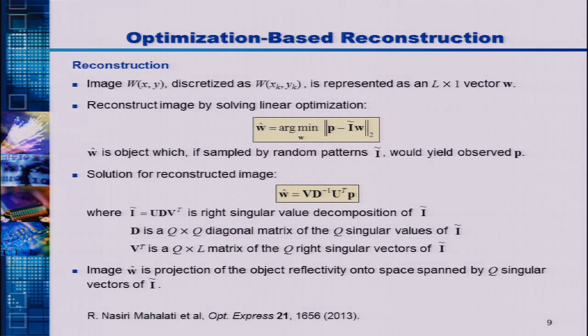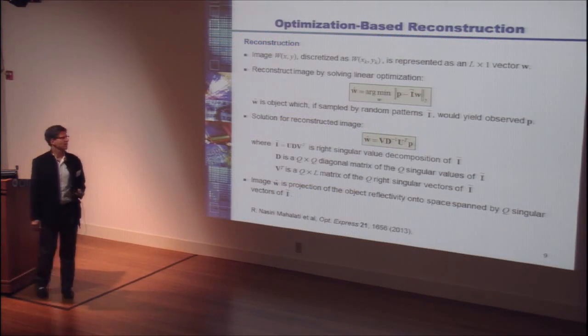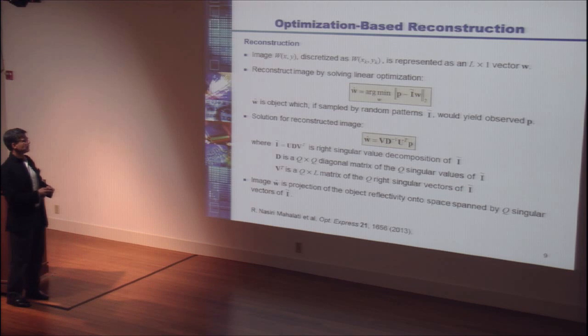And the matrix has exactly Q non-zero singular values. The number of singular values cannot exceed the rows or columns, whichever is smaller, but it is often much smaller than the number of rows or columns. It's the rank of that matrix, essentially.